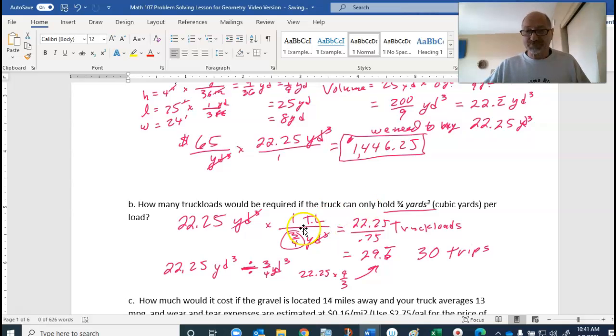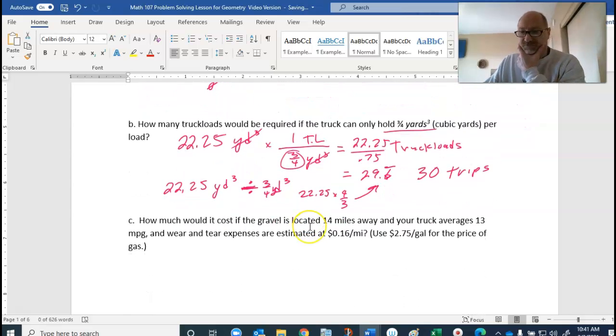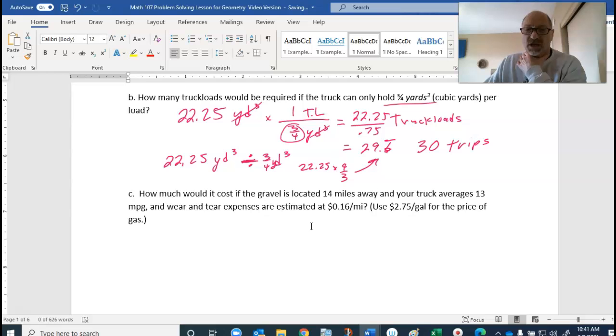Okay, so now let's move on to the next question. It says, how much would it cost if the gravel was located 14 miles away and your truck averages 13 miles per gallon, and wear and tear expenses are estimated at 16 cents per mile? It says use $2.75 per gallon for the price of gas. Okay, so we're going to be driving.